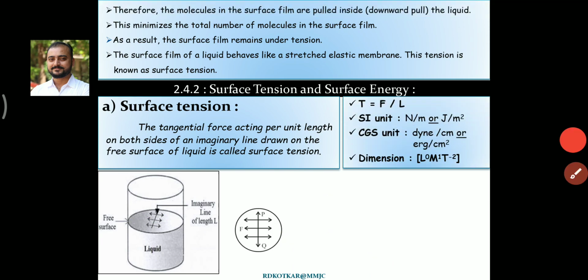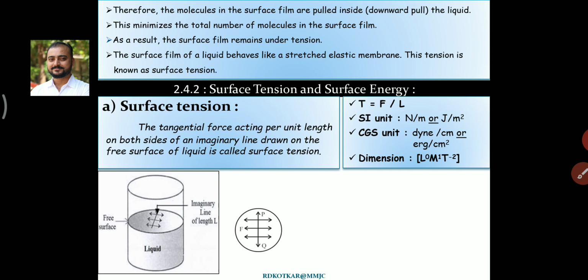Next, that is your formula. As per the definition, surface tension is the tangential force acting per unit length. So its SI unit, with force in Newton and length in meter, is Newton per meter. Its another unit is joule per meter square.